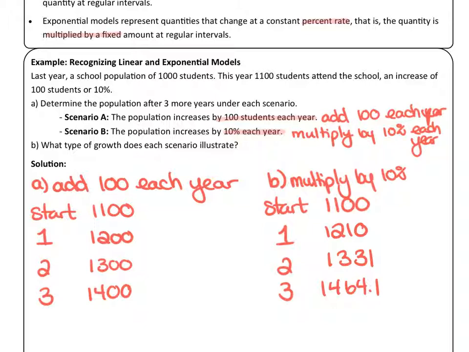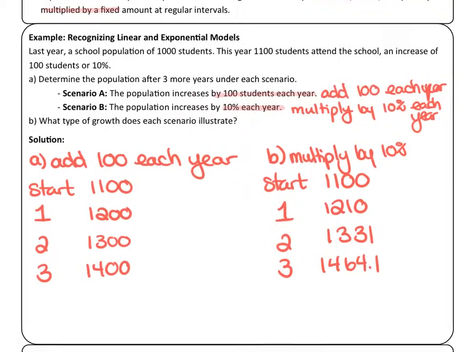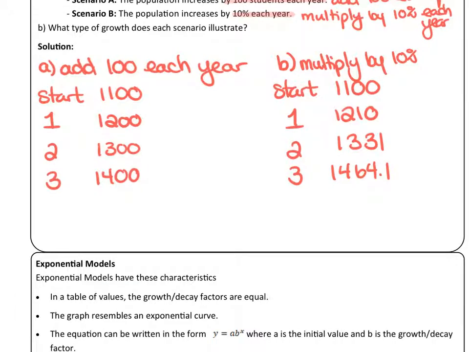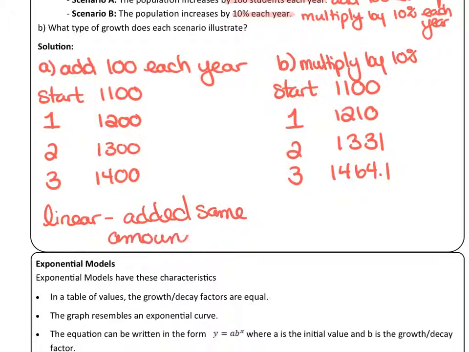So that gives us to question B, which says, which type of growth does each scenario illustrate? This one was linear because it added the same amount per year. And this other one over here, it is exponential.